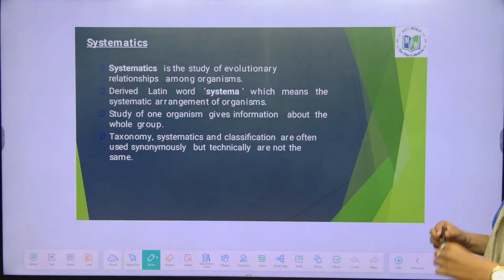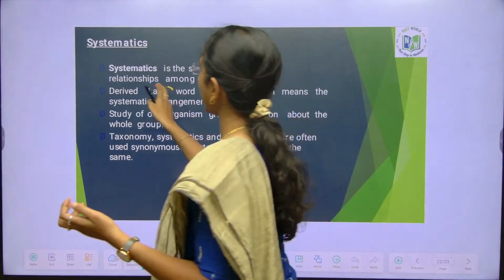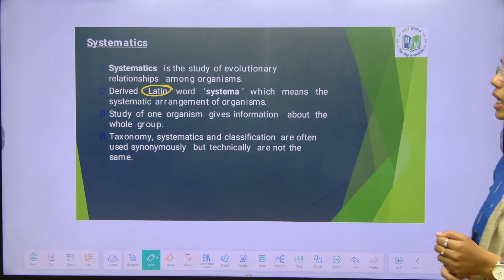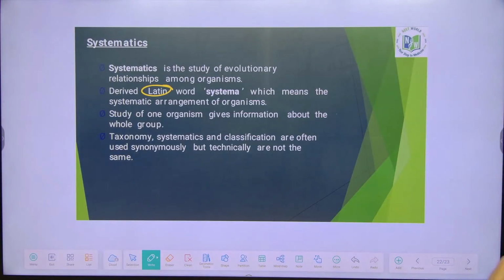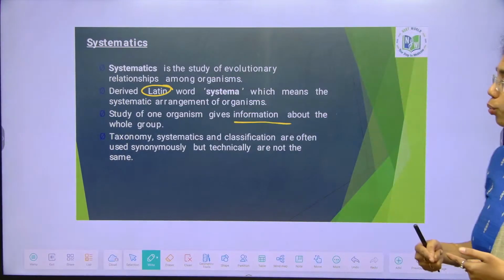Systematics. Systematics is the study of evolutionary relationships, and is derived from Latin. Taxonomy is derived from Greek, which means the systematic arrangement of organisms. The study of one organism gives information about the whole group.